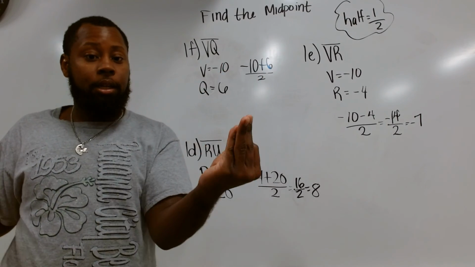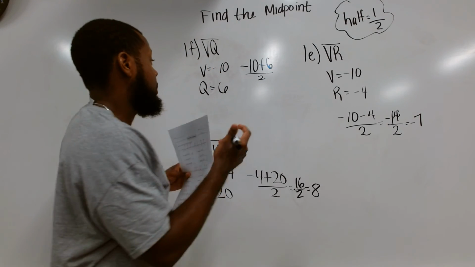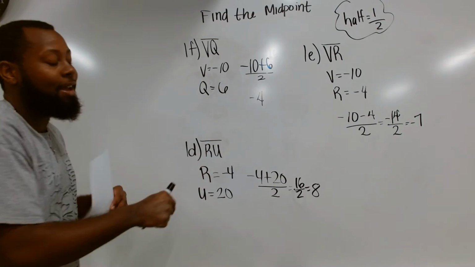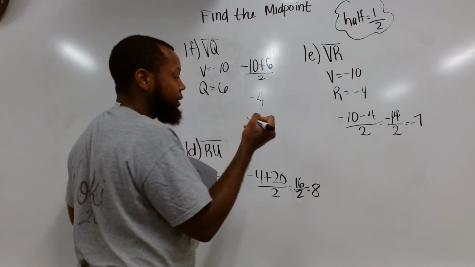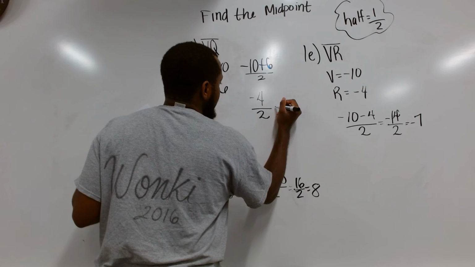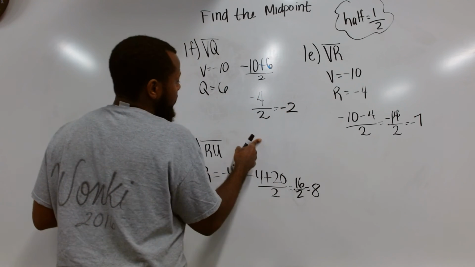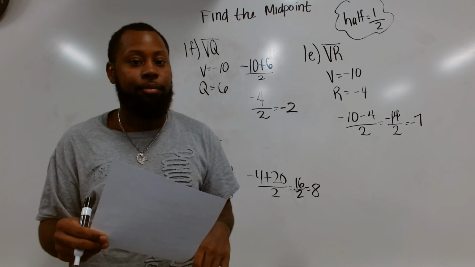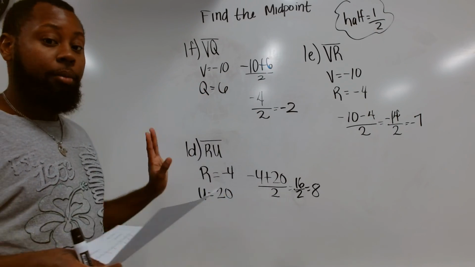So you owe him 10, you give him 6, you owe him $4. If you owe somebody money, it is always a negative. So we already know half of -4 is -2. So the midpoint between VQ is -2. And if you want to, you can just count it all out and do the same math. But this is the short way.